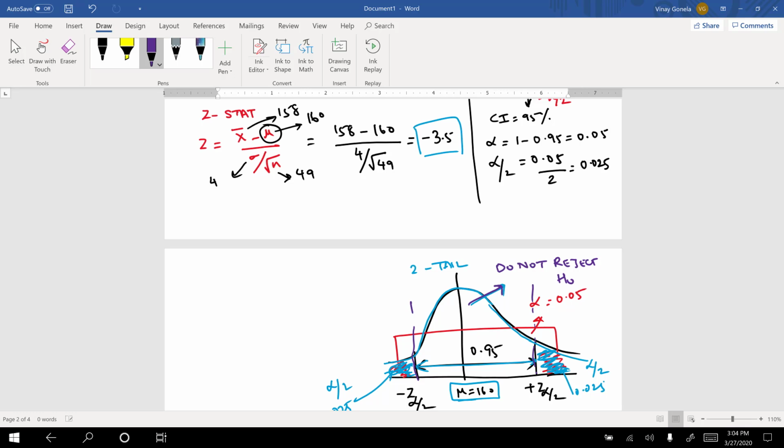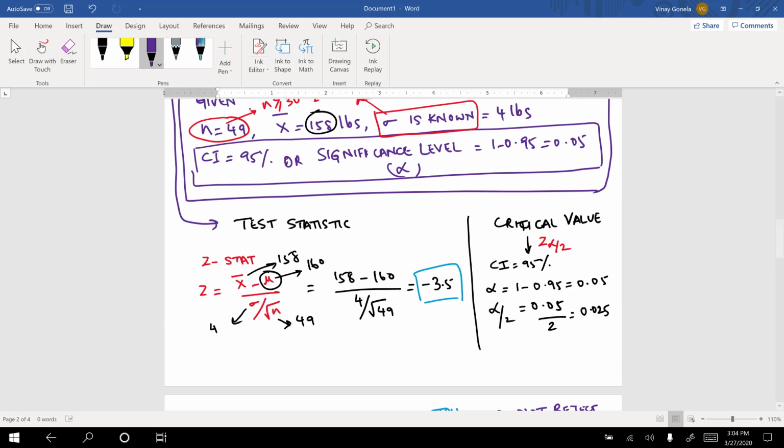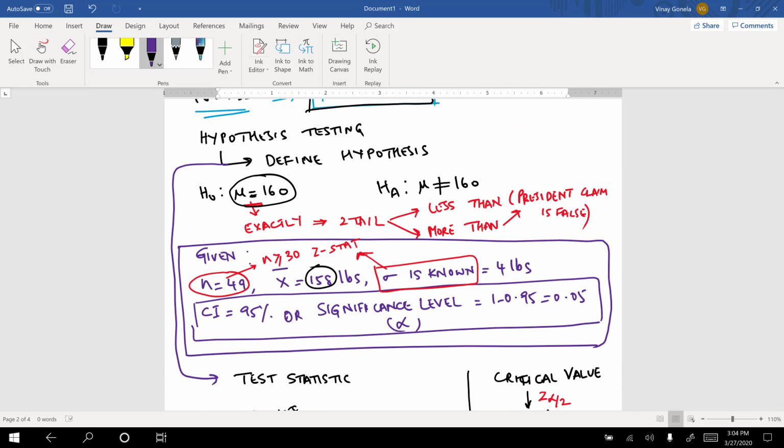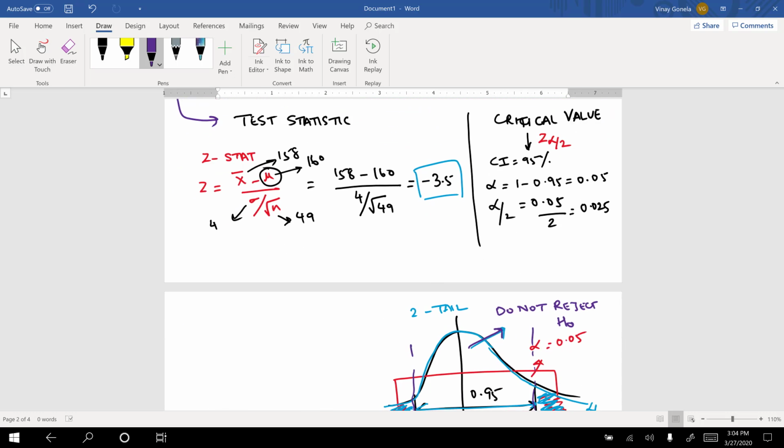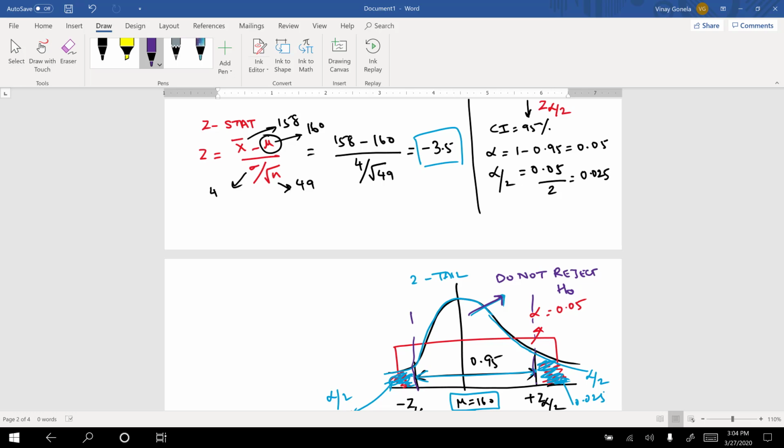Our claim H null is mu is equal to 160. So if we do not reject that, that means the claim of the president is true.